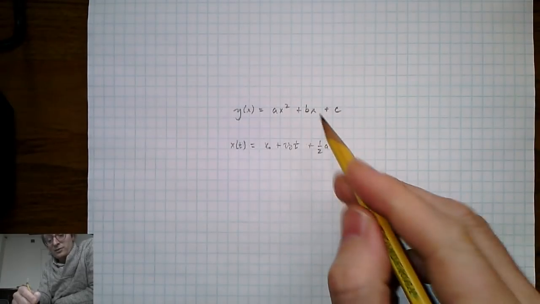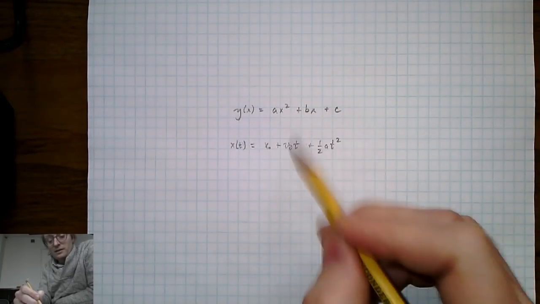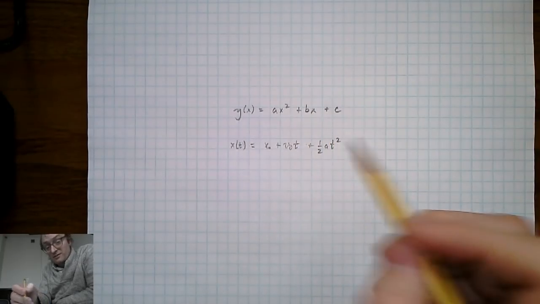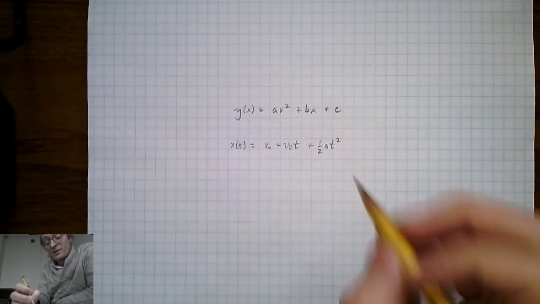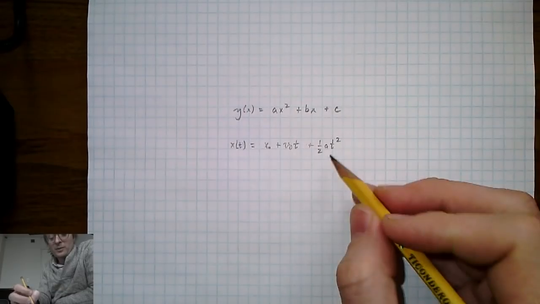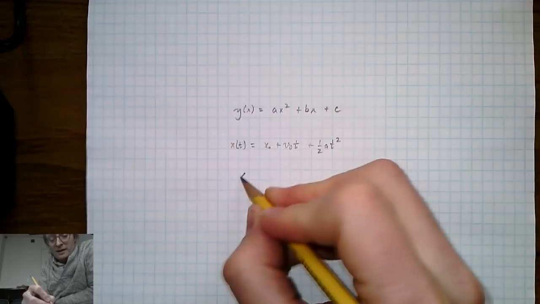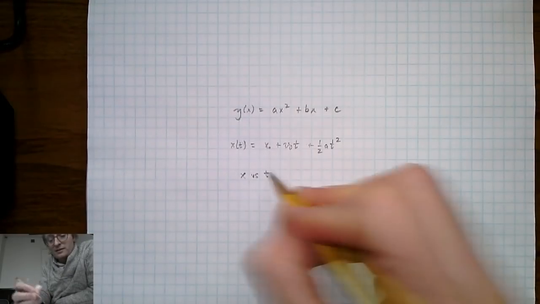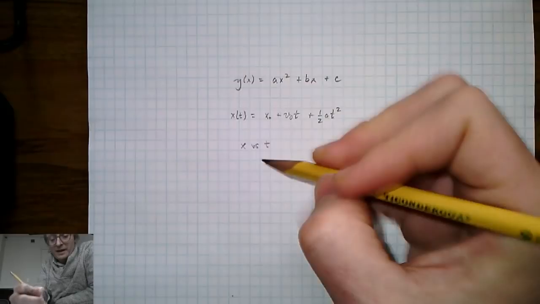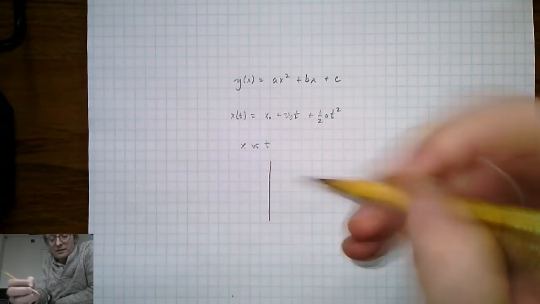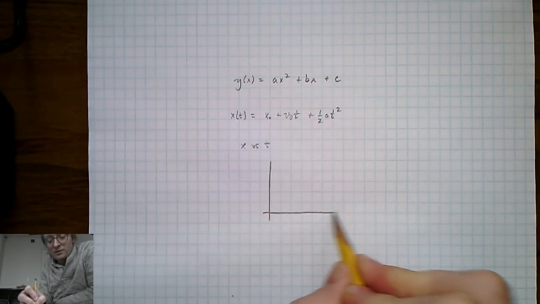and so now you should be used to dealing with second-order polynomials and basically their graphs and what they would look like if we were to plot them. We can do a couple simple ones here. For example, if I wanted to plot x versus t on a little axis, I could write my axes like this. That's a vertical x-axis and a horizontal time axis.